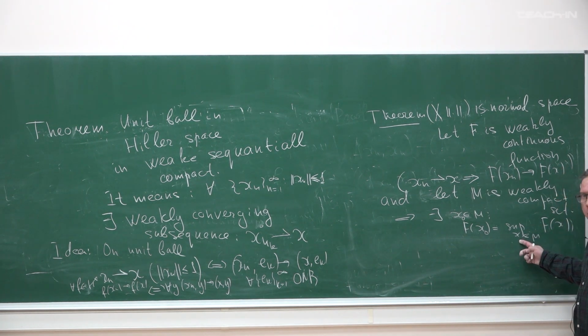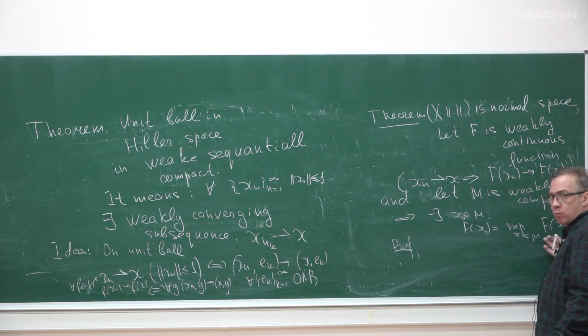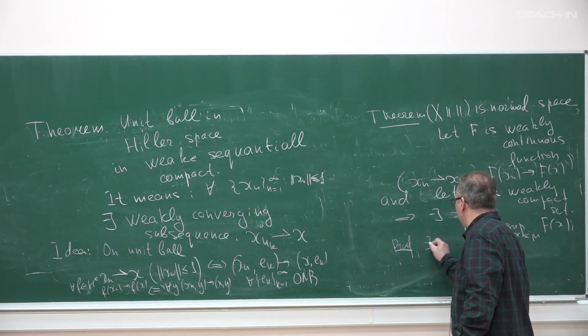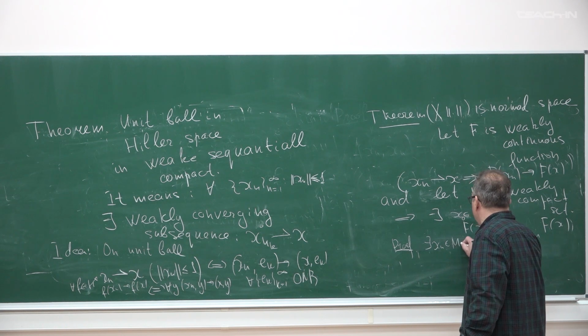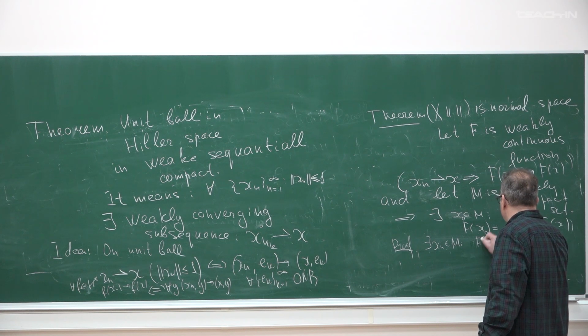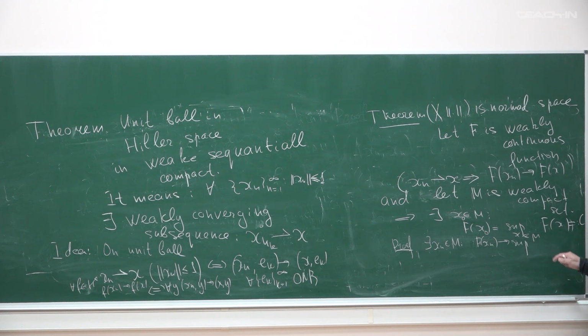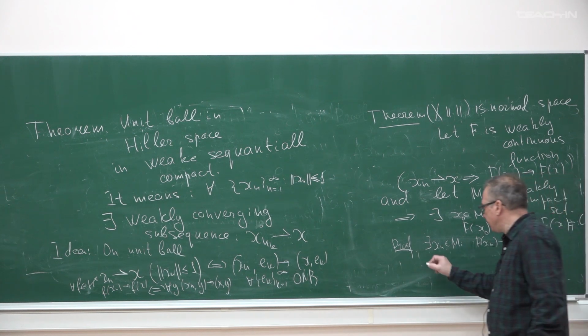By definition of supremum, what do we have? By definition, the proof of this fact. By definition of supremum, there exists a sequence xn that lies in M such that F of xn goes to the supremum. Now, let's define it as C for shortness. Yes, C is the supremum on the weakly compact set. So we obtain a sequence.